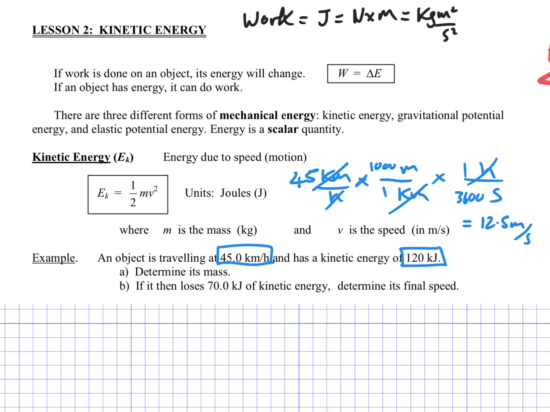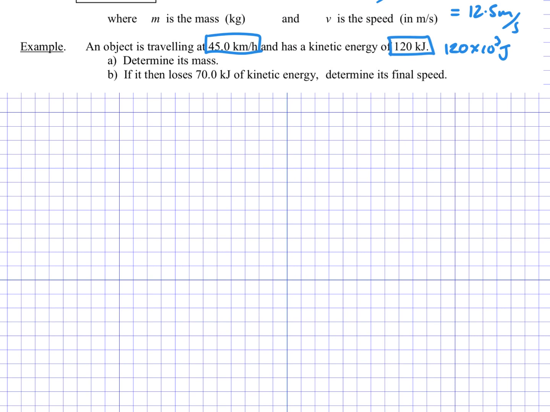Also want to recognize that I've got 120 kilojoules. So that's going to be 120, and now kilo is times 10 to the 3. So it's 120 times 10 to the 3 joules. All right, first up, we've got to find its mass. So of course, we're going to use our kinetic energy equation, 1/2 mv squared.